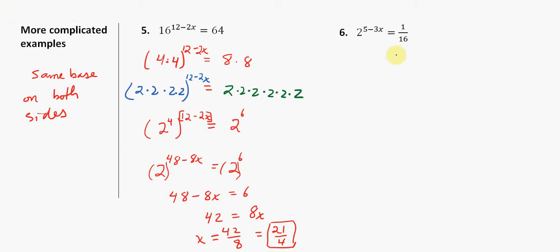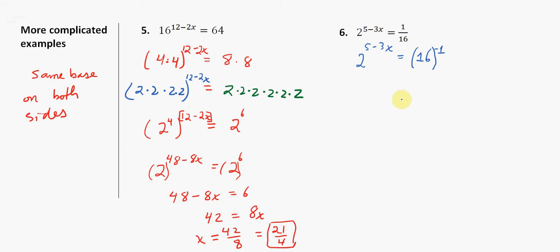So on the right side here, I have a fraction, and on the left side I have a base that's not a fraction. So what I'm going to do is alter this 1/16 into 16 to the negative first, because really that's what 1/16 really is. And then on the left side, everything stays the same.